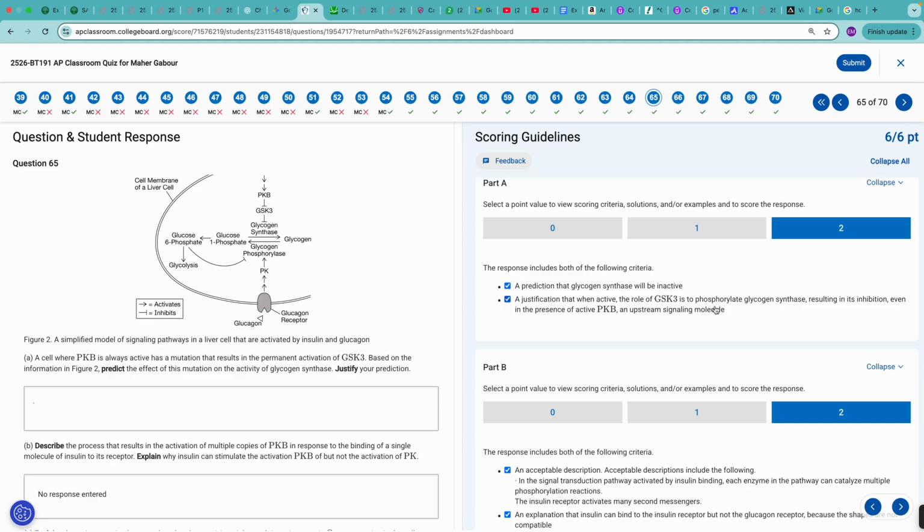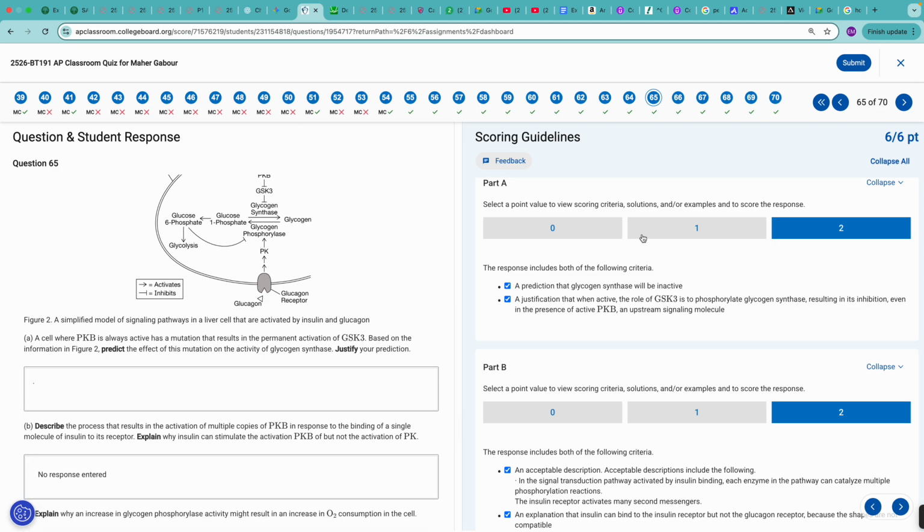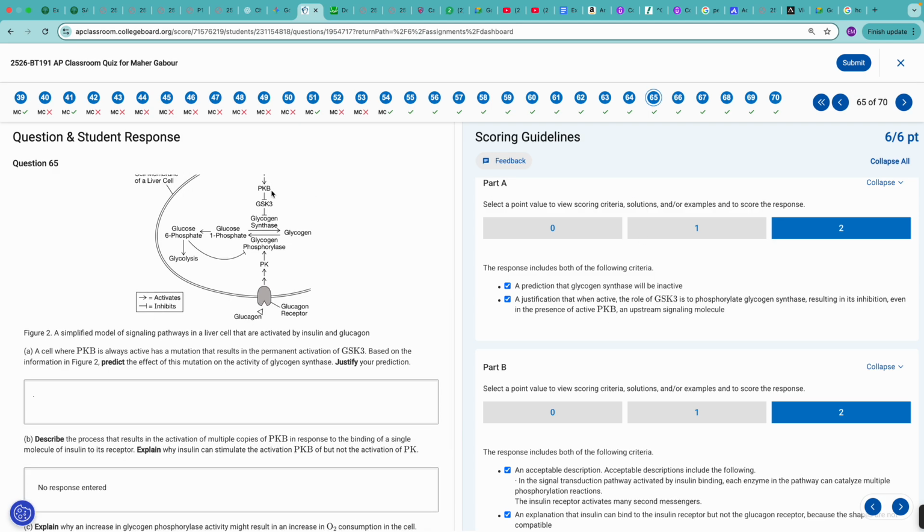GSK is to phosphorylate the glycogen synthase, basically to inhibit the glycogen synthase. Even if the PKB is always active, by the way, this doesn't change anything. We know that this is always active, so it's fine. If this is always active, this is always going to be inactive.